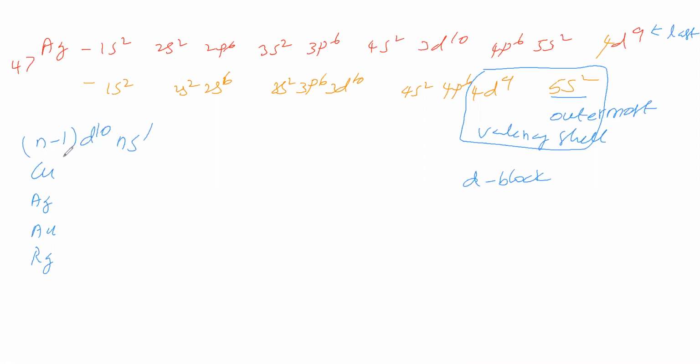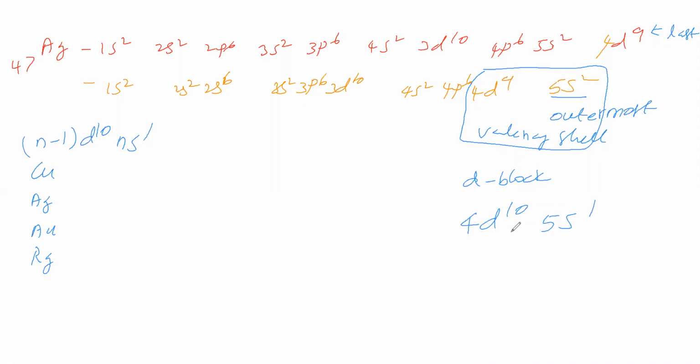This is the anomalous electronic configuration for copper and silver. Therefore we have to write the anomalous configuration for silver: from 5s, one electron goes to 4d, so we write 4d10 5s1. The valence shell configuration for silver is 4d10 5s1.